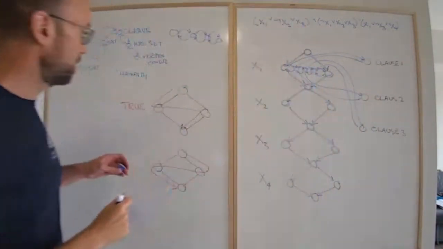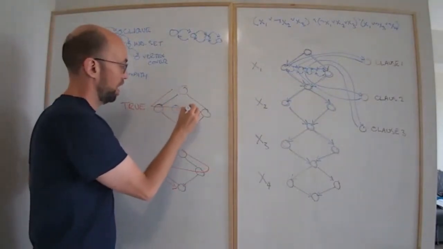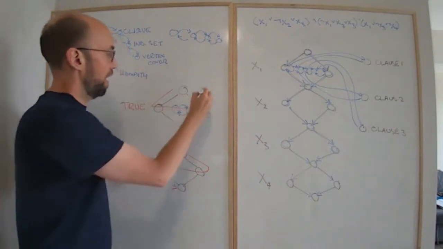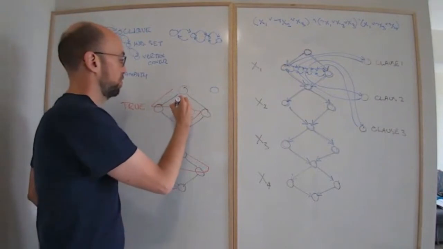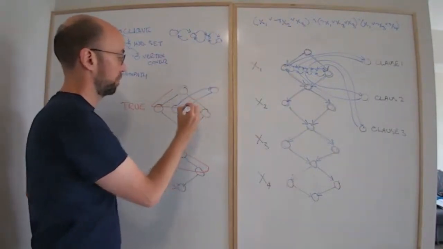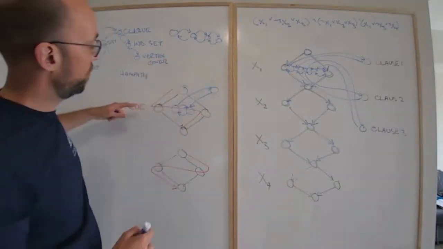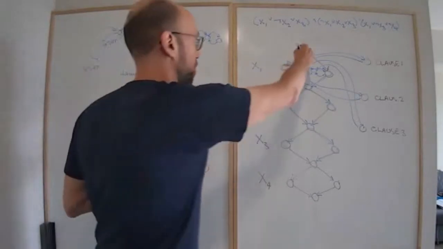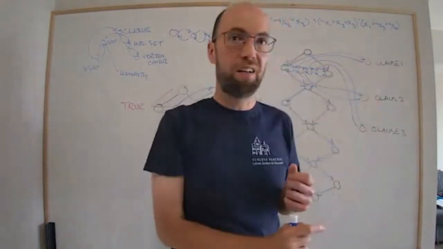the difference is, if I have the 2 vertices and they're like this, and if x1 satisfies this clause, then I can visit the clause vertex on my way from left to right. So if I decide to go down here and go over, then I can visit clause 1.